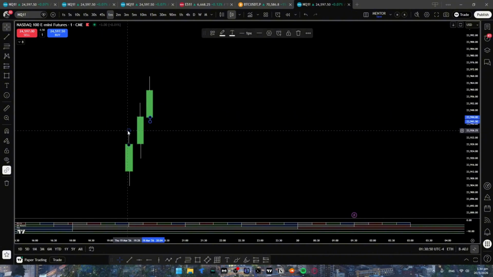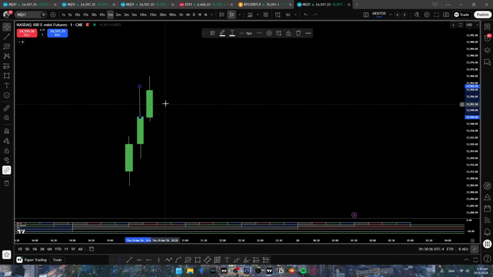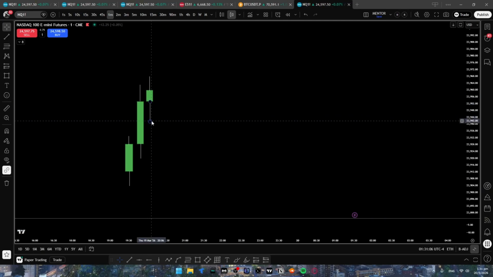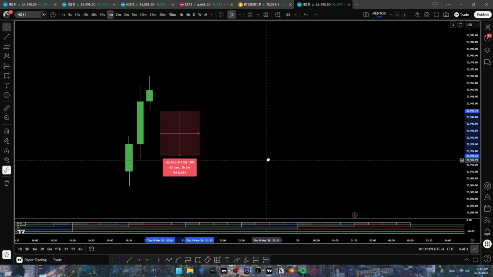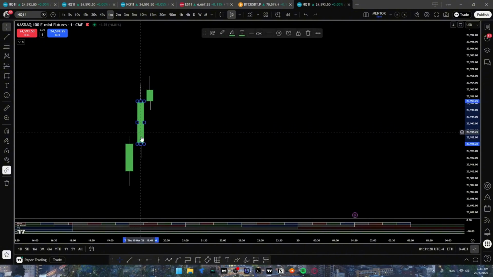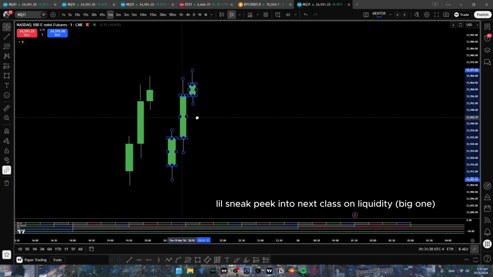Right. Fair value gap is this. Let's make it big. This is what fair value gap is. So you got a three candle formation, except it's not a swing high or swing low. You get a huge candle here. And notice what's the difference between this and this.